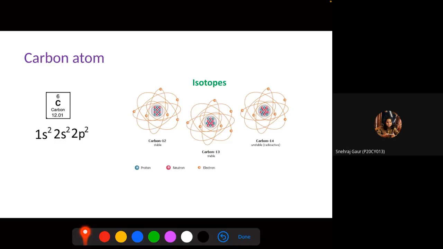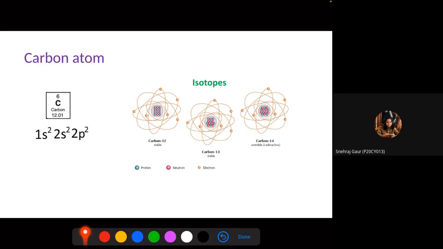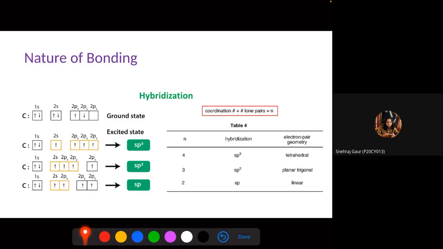If you have a carbon atom, that is one thing, but then you have to build a structure out of it by putting these carbon atoms together, and for that you need bonding. The nature of bonding with carbon can vary, and that is what gives rise to different structures. So what are the different bonding types possible?